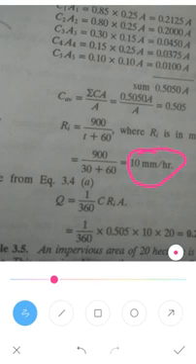So now you have calculated I and the C value, everything. Now you have to find the maximum runoff. So use this formula, where C is the coefficient of runoff. Q is equal to 1 by 360 times C times I times area. C, which you have calculated, is 0.505.